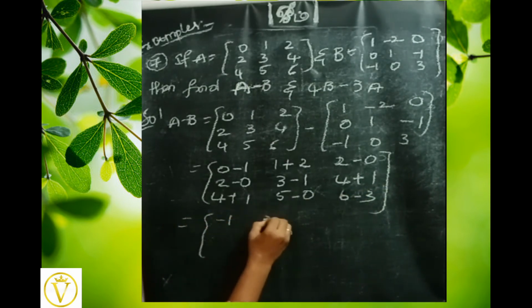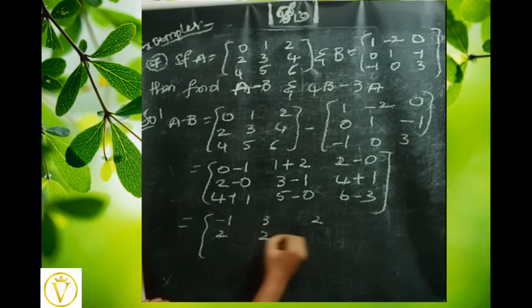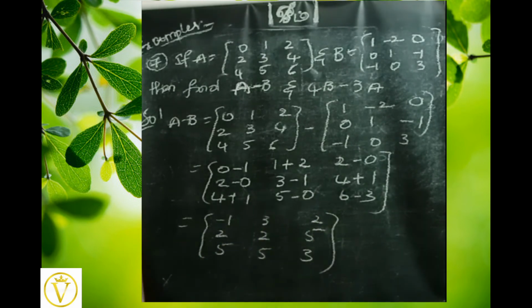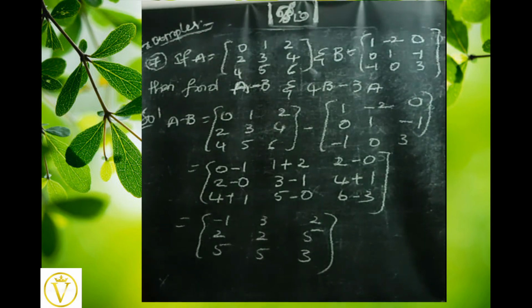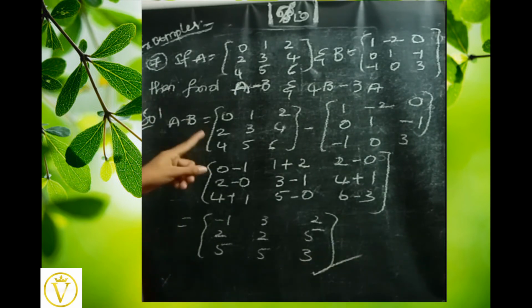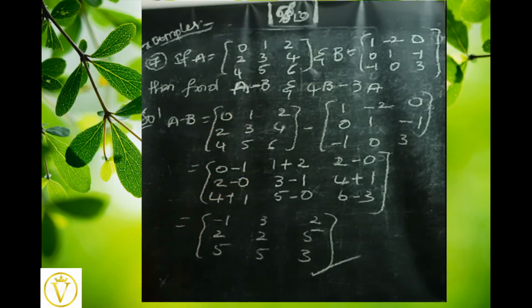So minus 1, 3, 2, 2, 2, 5, 5, 5, 3. That's it. A minus B is complete. Okay. That is how to do A minus B. Next we will go for 4B minus 3A.